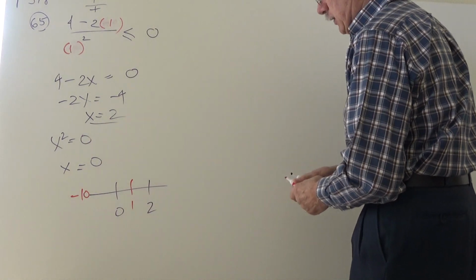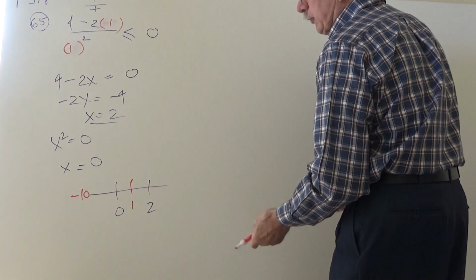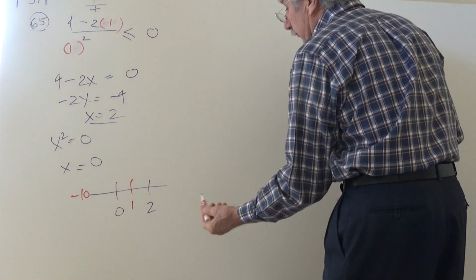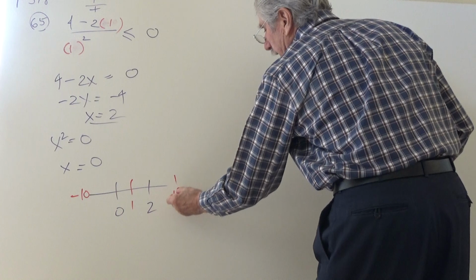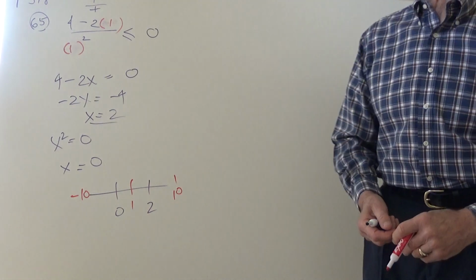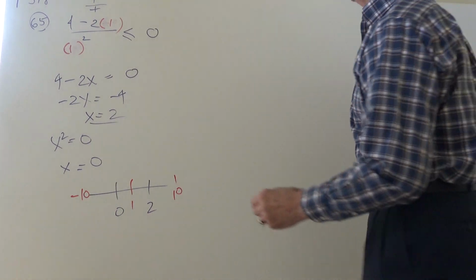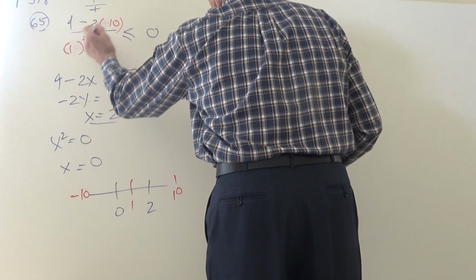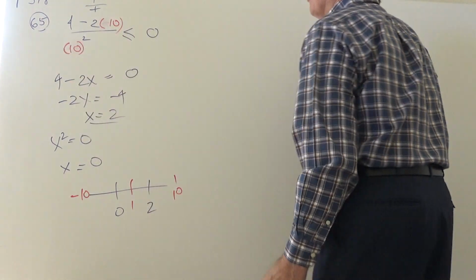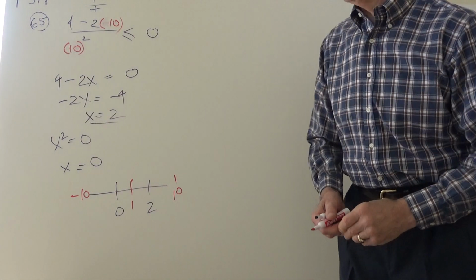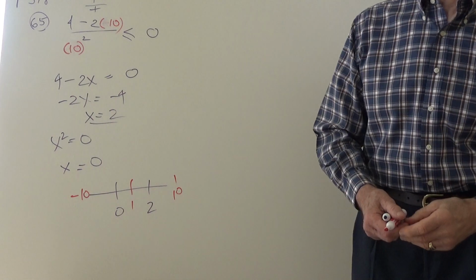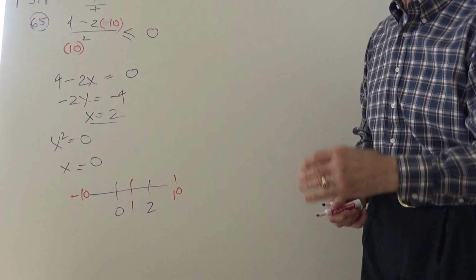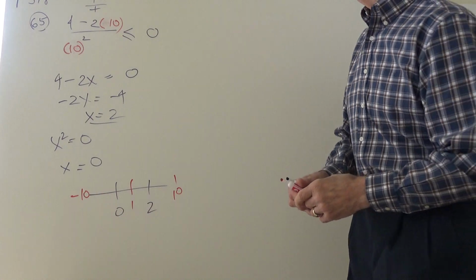The last area to check is maybe greater than 2. You could try 5, 3, 4, any of those numbers. I again like 10. 10 is an easier number to square and multiply by. So let's choose 10 on that. Again, replacing 10 back here in the numerator, we're looking at 4 minus 2 times 10. That is 4 minus 20, negative 16.